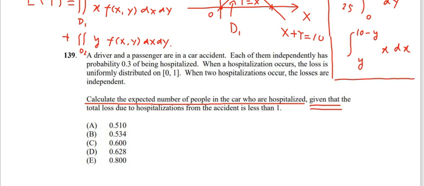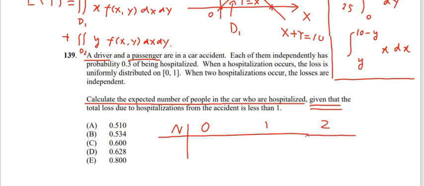Let's check the problem. Here a driver and a passenger, so in the car we have only 2 people. So the number hospitalized can be only 0, 1, or 2.